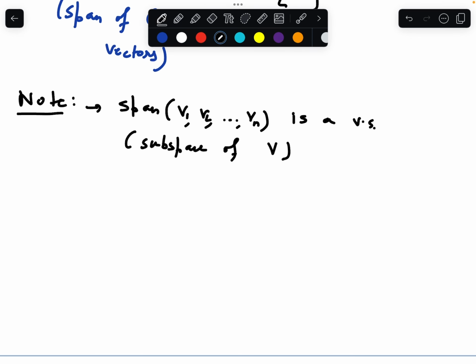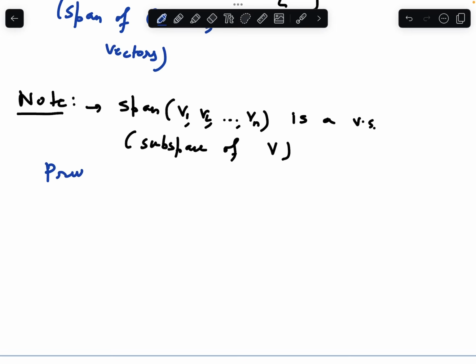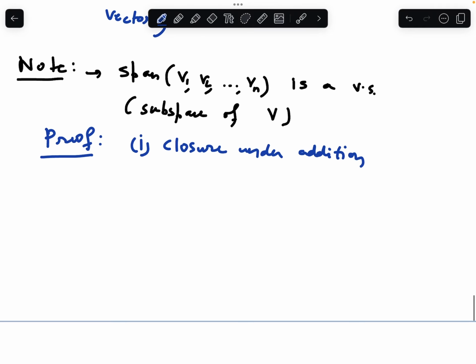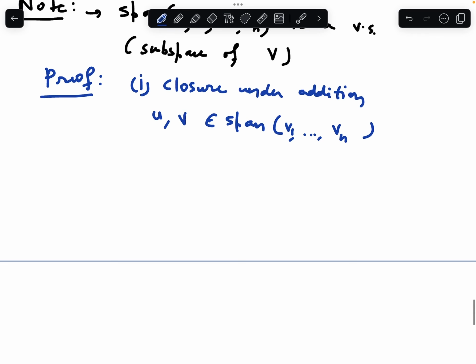Can you prove this using the result that we discussed earlier? Yes, it's very easy. First thing we have to check is closure under addition. So for that, take two elements U, V inside this span, right?